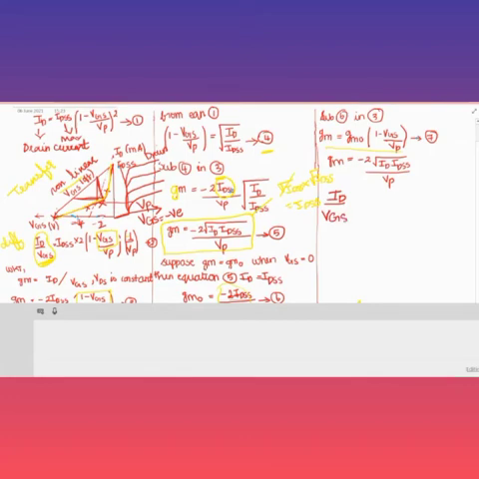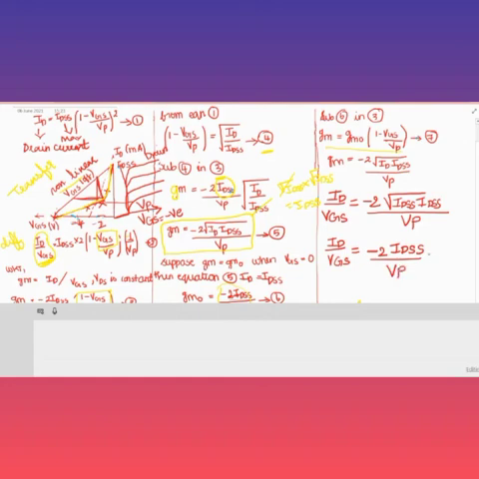ID by VGS is equal to minus 2 root of, I'm changing ID into IDSS and another IDSS, divided by VP. So now this equation will be changing like ID by VGS is equal to minus 2 IDSS by VP.